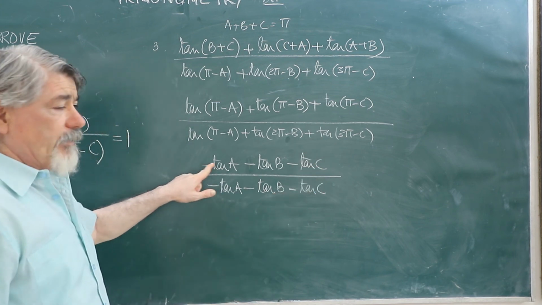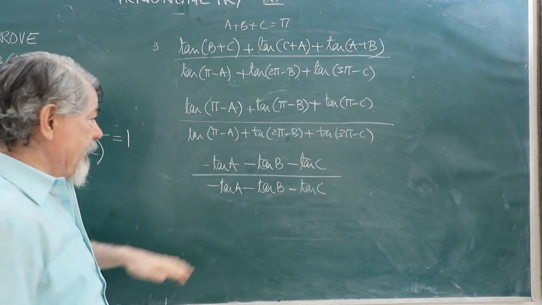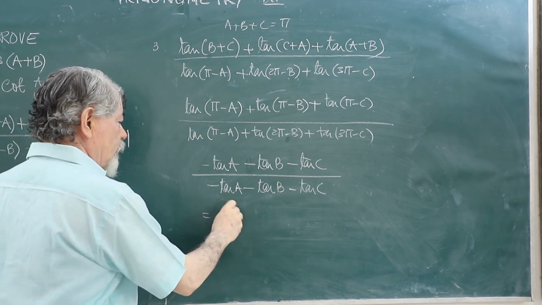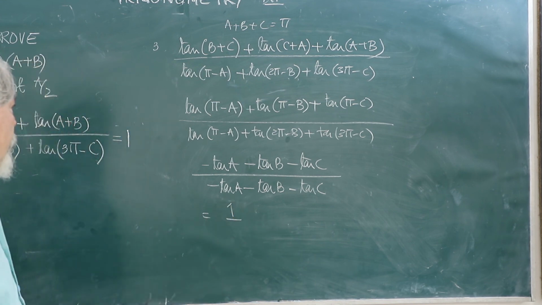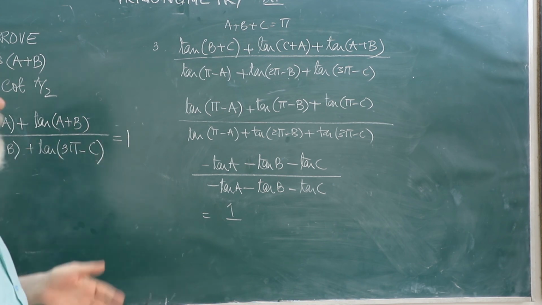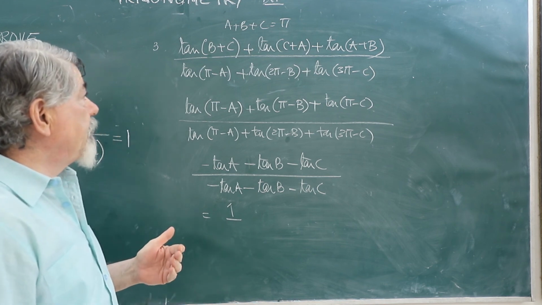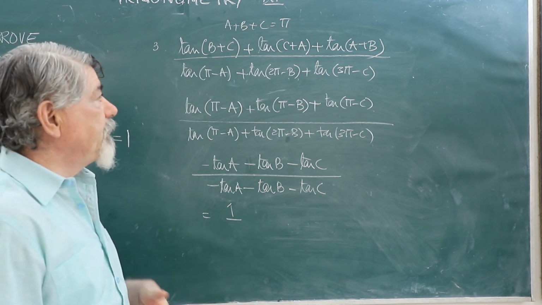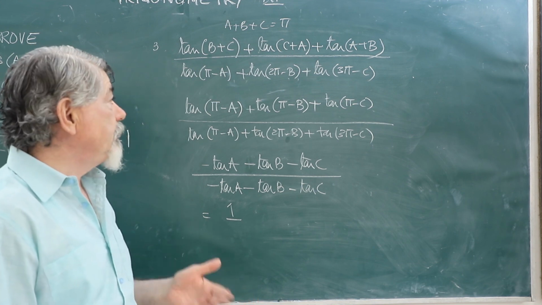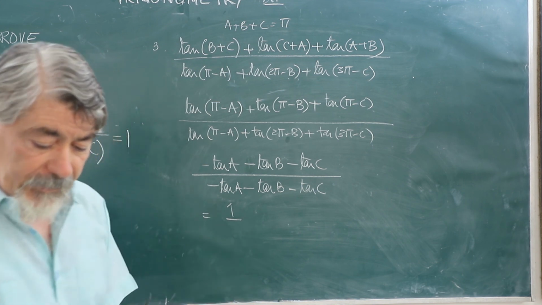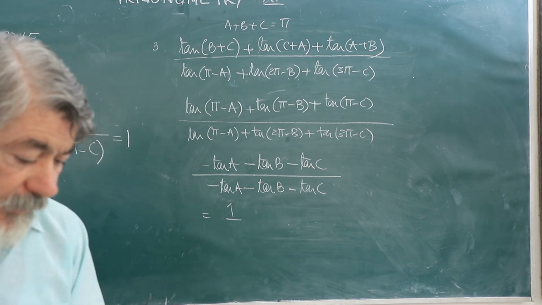So in the numerator as well as in the denominator we have the same value. So it will come out to be 1. The answer will be 1. That is what we had to prove, that tan(B plus C) plus tan(C plus A) plus tan(A plus B) upon tan(pi minus A) plus tan(2 pi minus B) plus tan(3 pi minus C) will be equal to 1. Let us see the last question in this exercise.